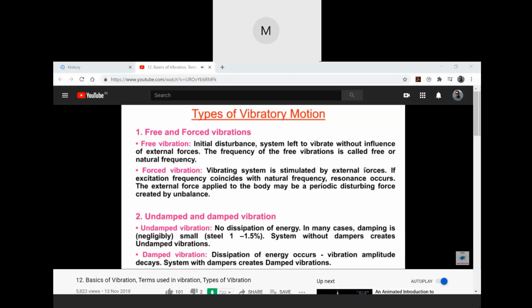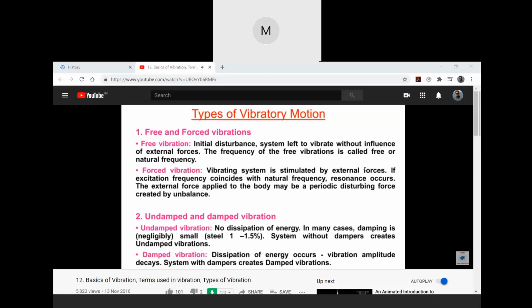The vibration amplitude decays. A system with dampers creates damped vibration. Understand what is undamped vibration and what is damped vibration. No dissipation of energy in undamped vibration, and dissipation of energy occurs in damped vibration.